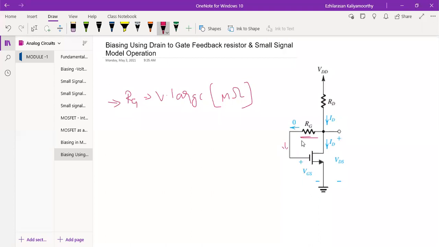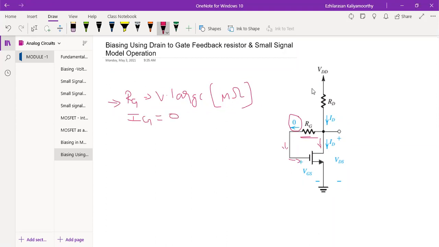The voltage at the drain and this terminal will both be equal, because Ig is equal to 0. So from this I can say Ig is equal to 0.